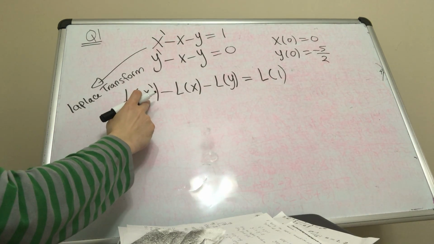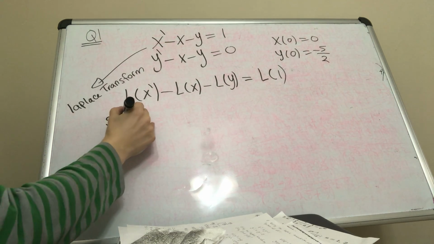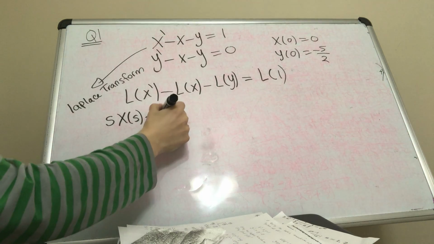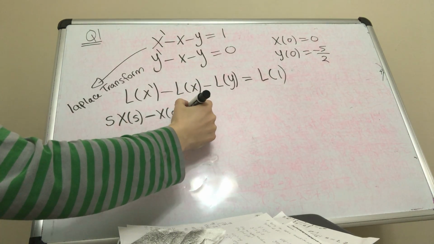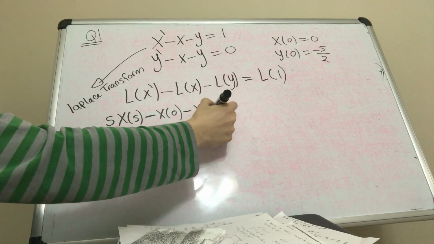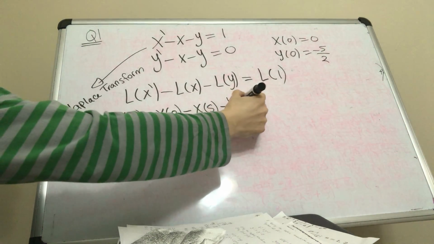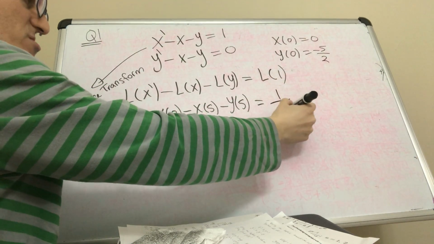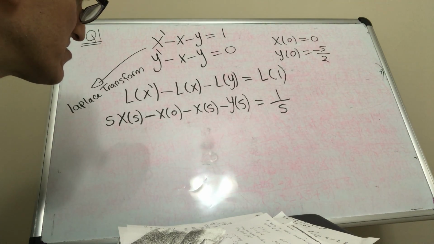You know, for a derivative, it's s X(s) minus x(0). For just x would be X(s). For just y would be Y(s). And for 1, we know the Laplace transformation for 1 is 1 over s.